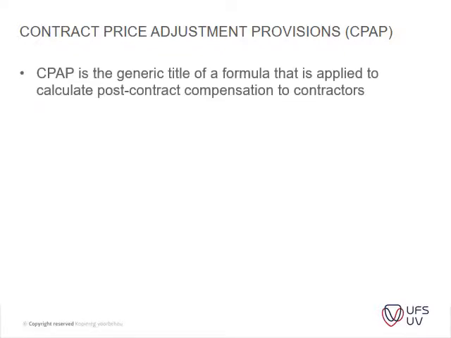Then contract price adjustment provision. Okay, so I hope everyone has heard about the contract price adjustment, and it's a generic title for the formula that's applied to calculate the post-contract compensation to contractors. So it's basically inflation.